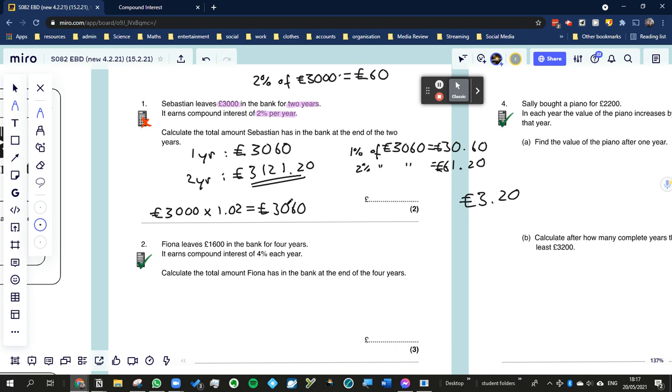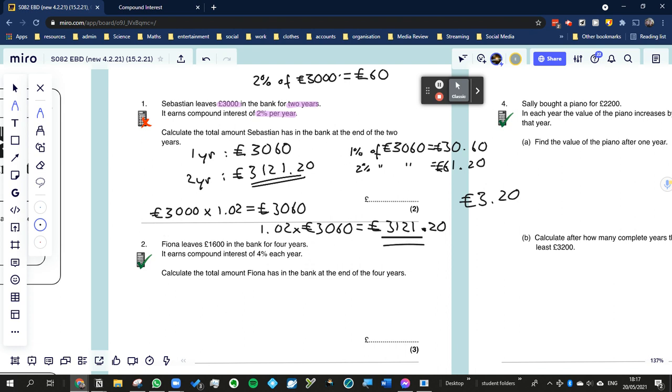So anyway, now if I do 1.02 times 3060, and then I would get the final answer, right? So that's what I would do if I could use a calculator.